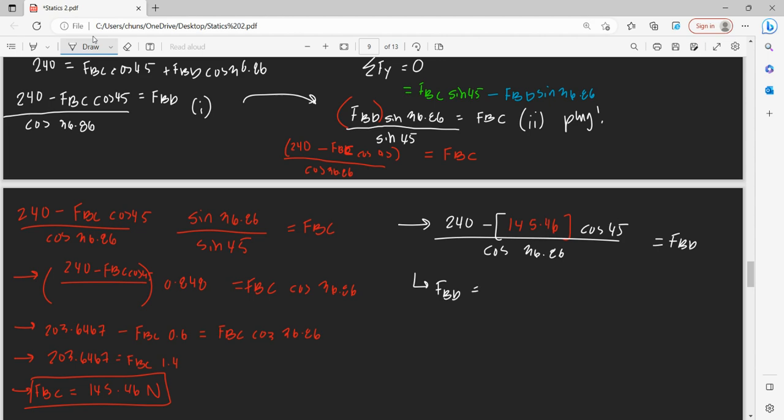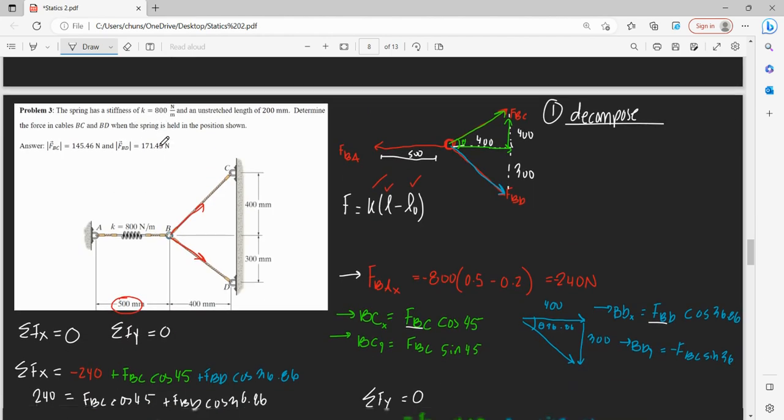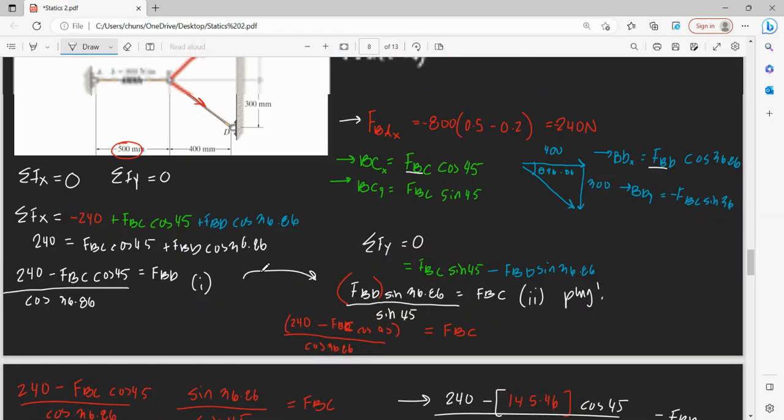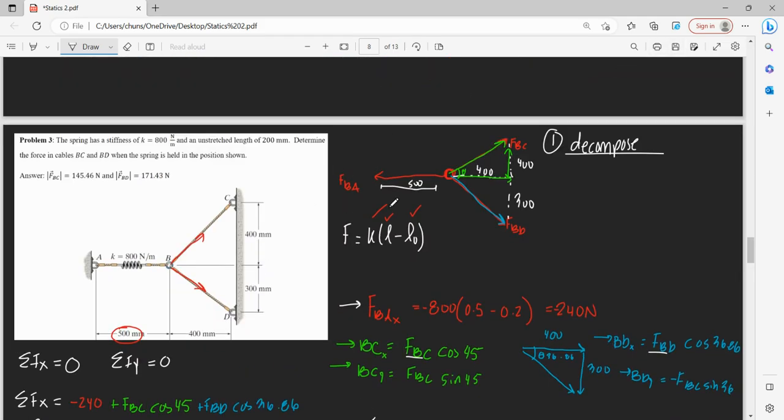So that's 240 minus cos 45 divided by cos 36. And that gives 171.428 newtons. All right, so that is how to solve 2D particle equilibrium given cables and spring systems.